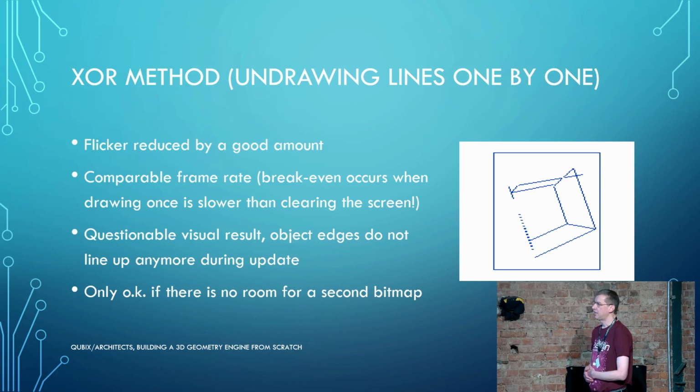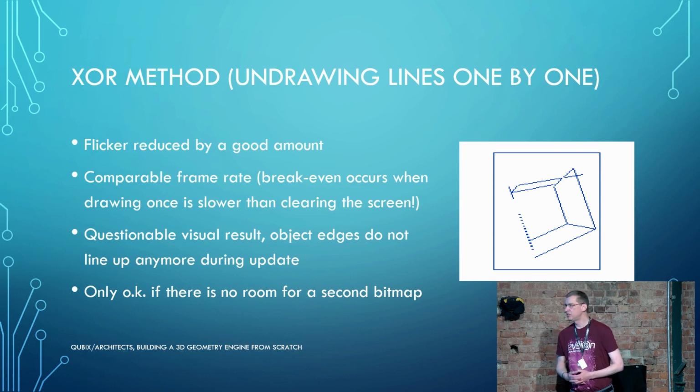And actually, the flicker can be reduced by that method by a good amount, and even the frame rate is comparable. Of course, you have to consider there is a break-even when you always have to draw the object twice then. And when the clearing of the screen is faster than drawing once, you are at a break-even point.